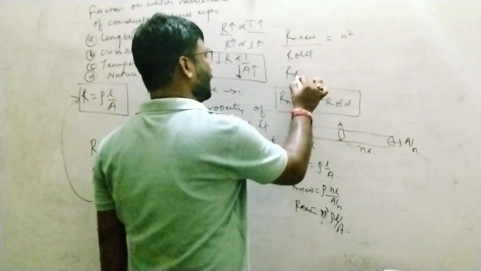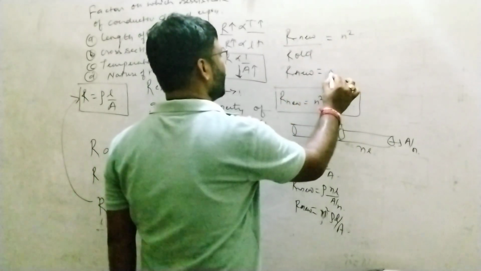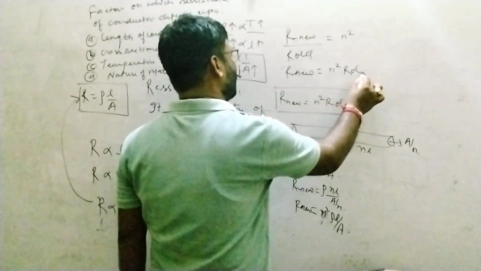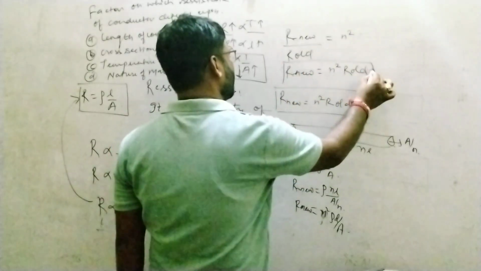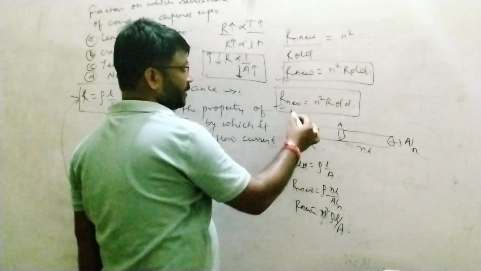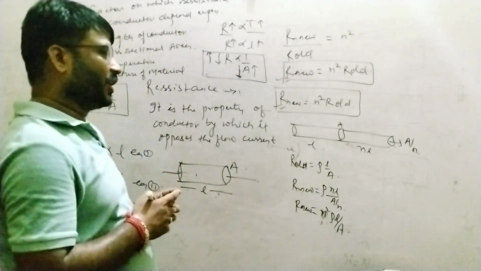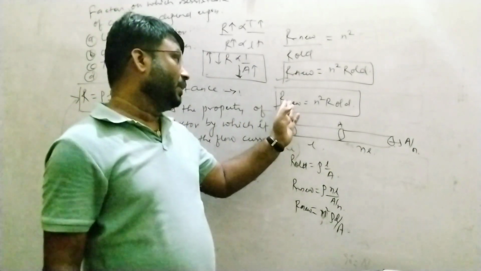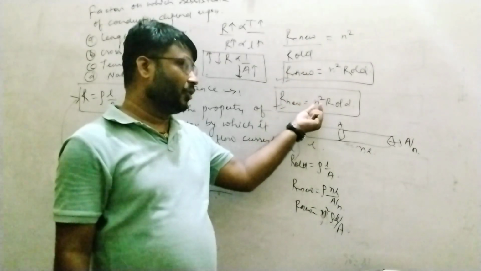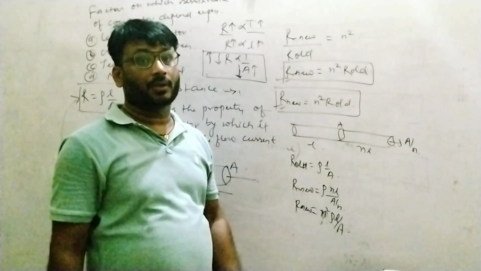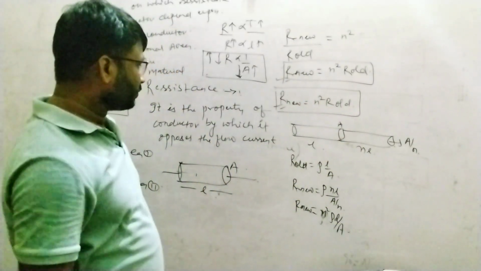So here R new is equal to N square of R old. This is the one expression I derived here. So whenever the wire is stretched to its double or triple, the new resistance will be N square times the old resistance.